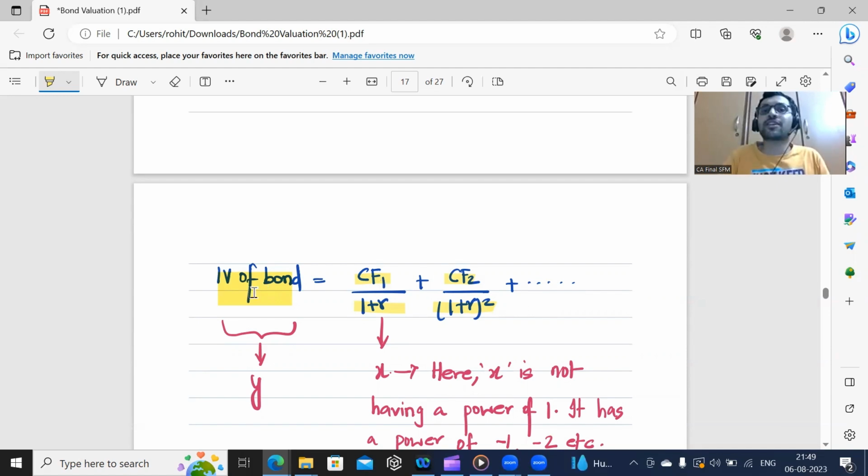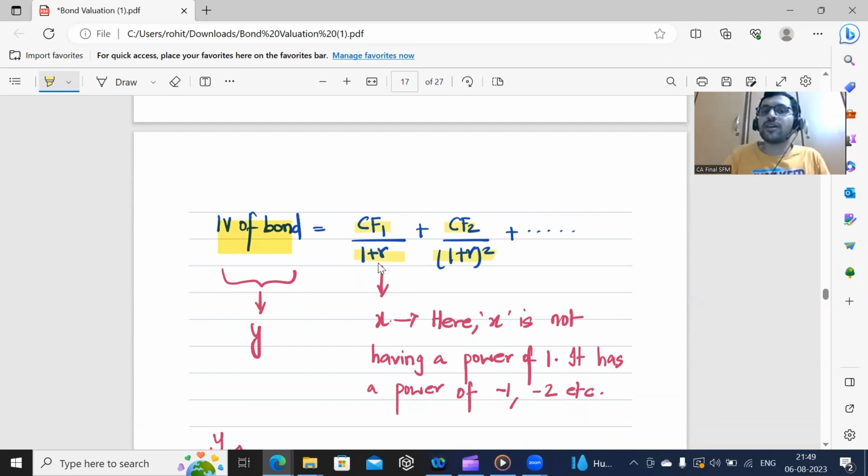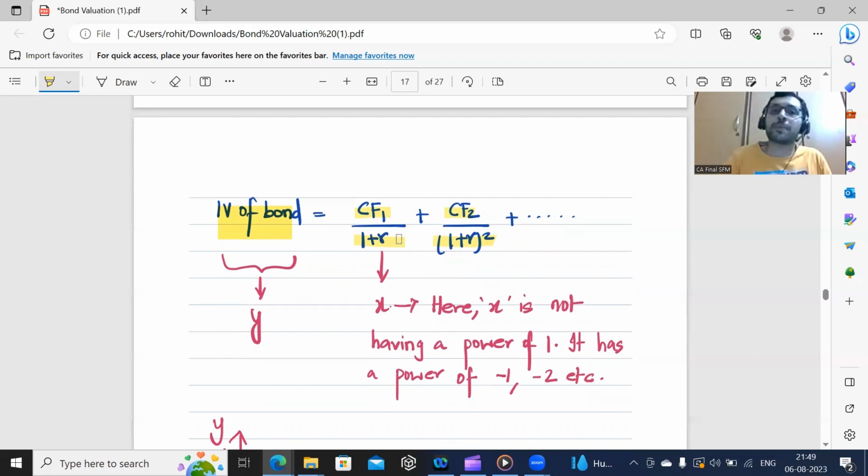All right, so intrinsic value, which is y over here, is equal to cash flow 1 divided by 1 plus r plus cash flow 2 divided by 1 plus r the whole square, and so on. Clearly over here, intrinsic value is y and r was what we called x.